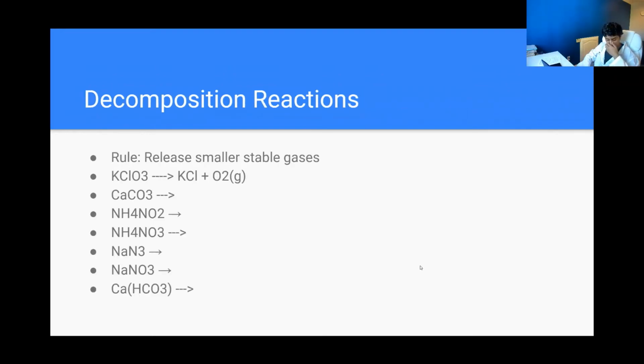Decomposition reactions. These reactions typically occur like 1 out of 6. The general rule is that you release smaller stable gases. If you take a look at KClO3, you'll receive KCl and a small gas, O2. Now if you were to heat up calcium carbonate and decompose it, what are the products?